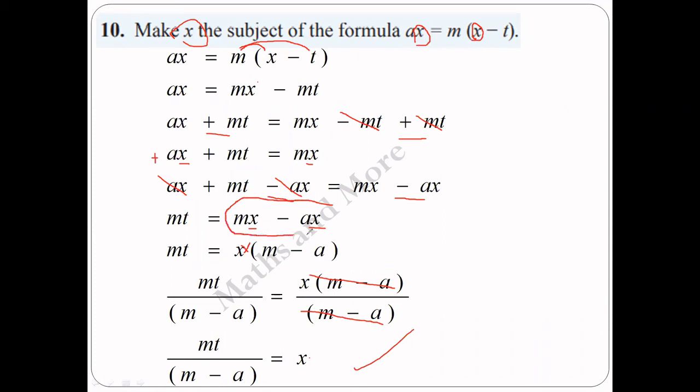That should be your goal. x is in both left and right, so you have to remove terms step by step and get all the x terms to one side. After that, take the common factor. You have to use the common factor method when the same term is in both left and right. Remember that.